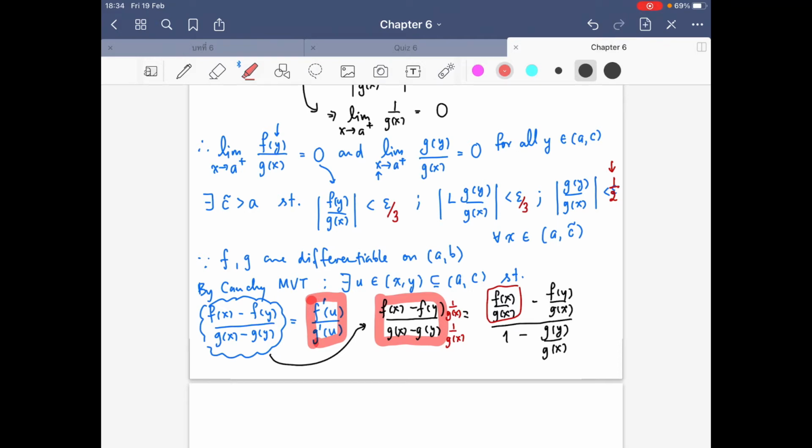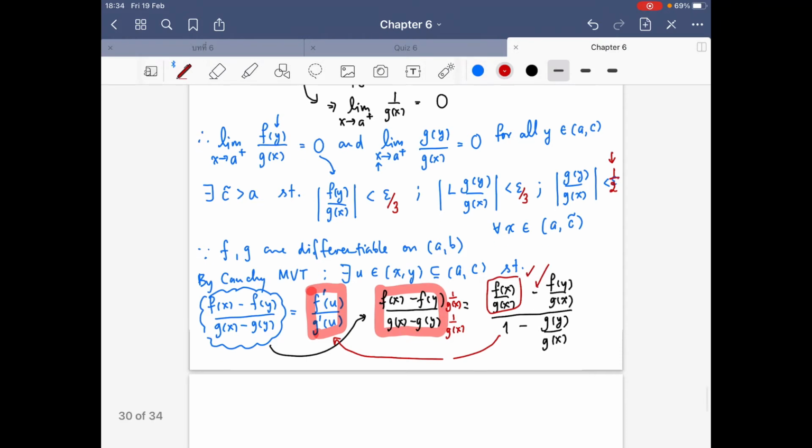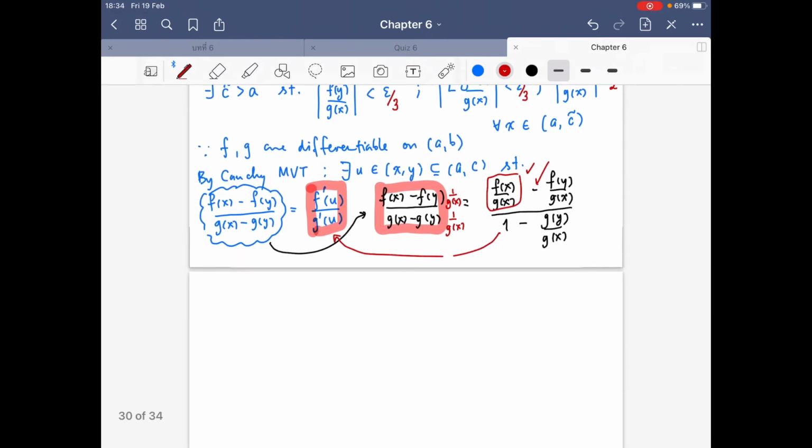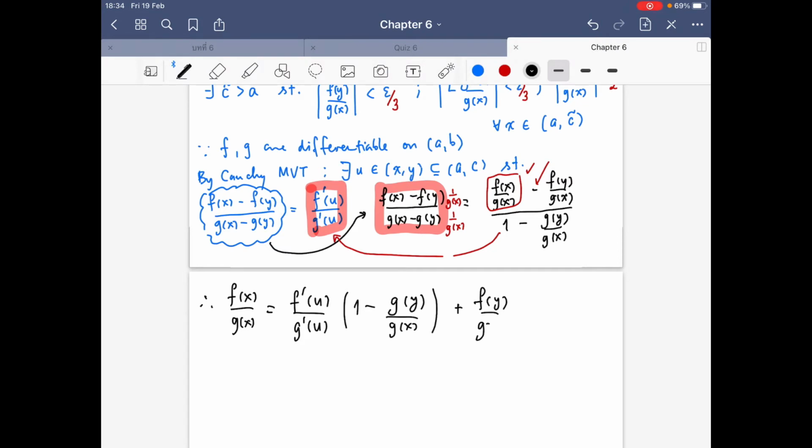You solve for this red box by multiplying this one up and adding this one to the other side. So f(x) over g(x) equals f prime(u) over g prime(u) times (1 minus g(y) over g(x)), and then add f(y) over g(x).